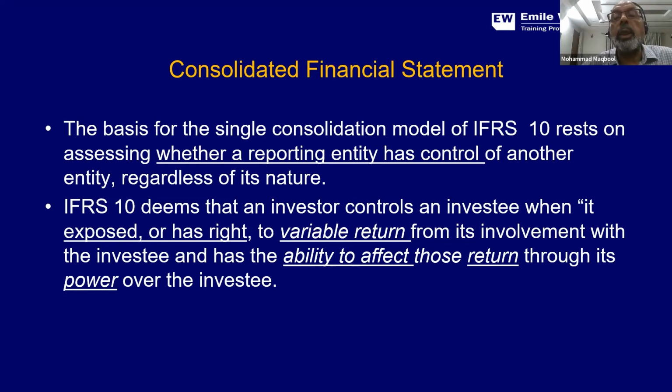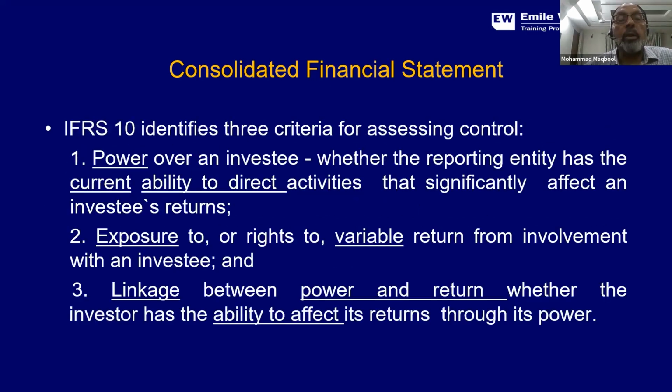If these three things are there, on the next slide I will look at these three components again. Number one is the power, your current ability to direct the activities of the investee company. Number two, your exposure to variable returns. And third, this power gives you the ability to affect the size of the return. If all three are there, you can say there is control.